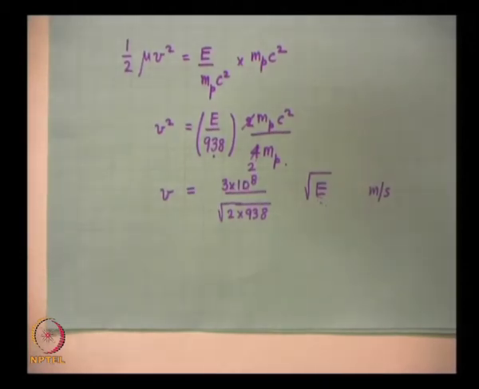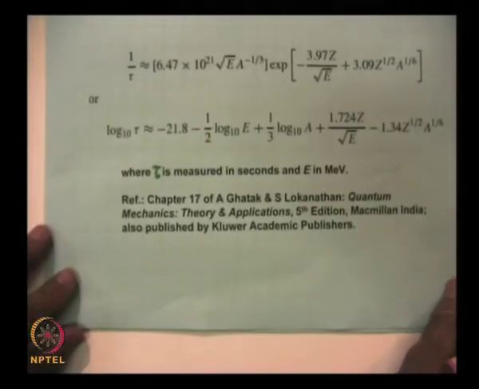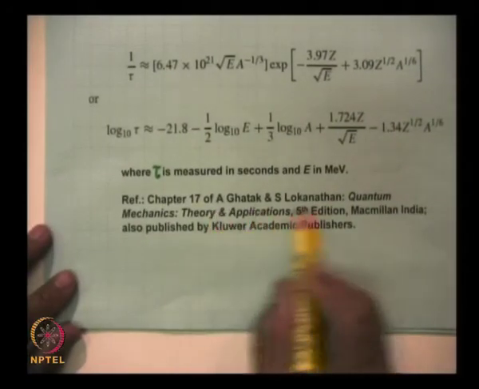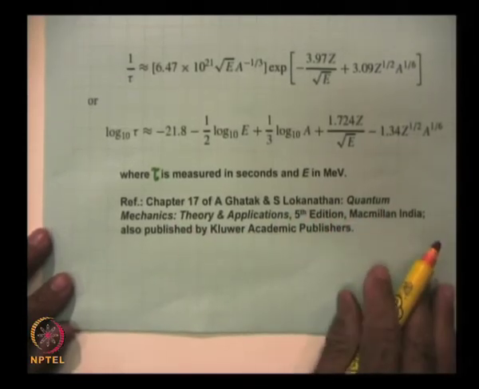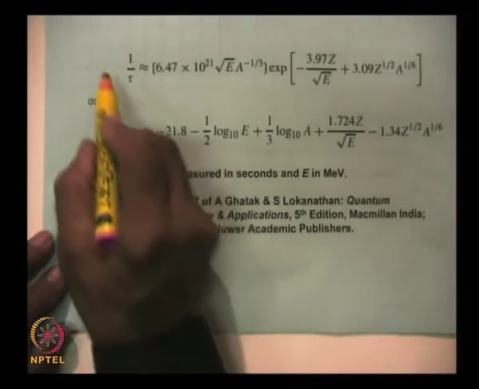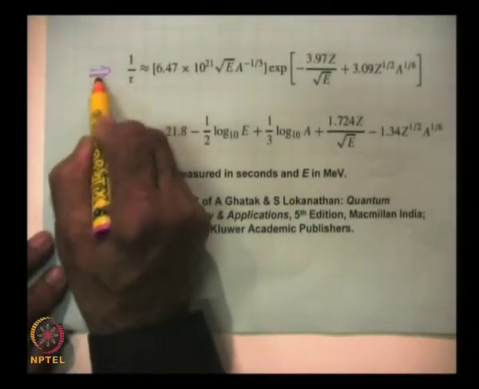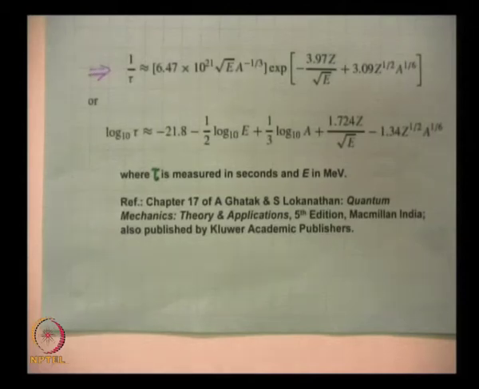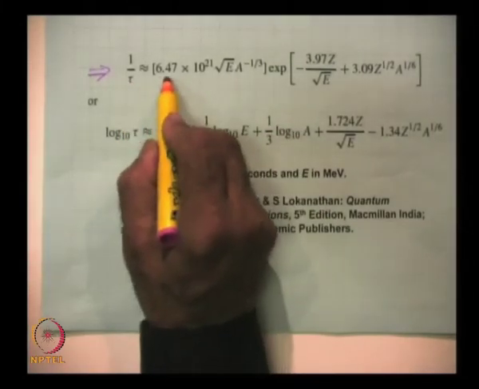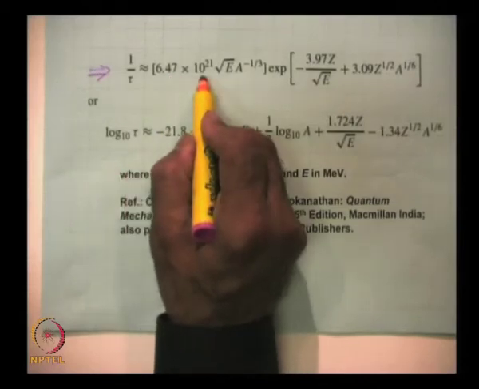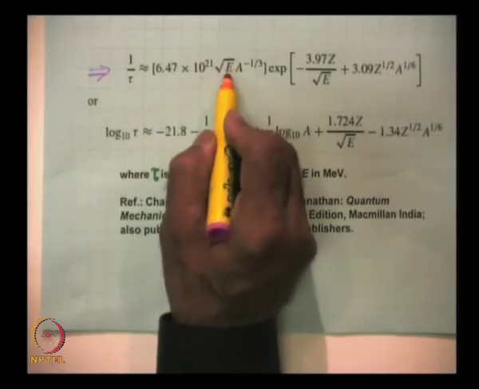So, if you use this kind of algebra, then the final formula, it is given in our book by myself and Professor Lokanathan, Quantum Mechanics Theory and Applications 5th edition. So, you will get this expression for 1 over tau. So, here I will read it out. 1 over tau is equal to 6.47 into 10 to the power of 21 square root of E. E is measured in MeV.